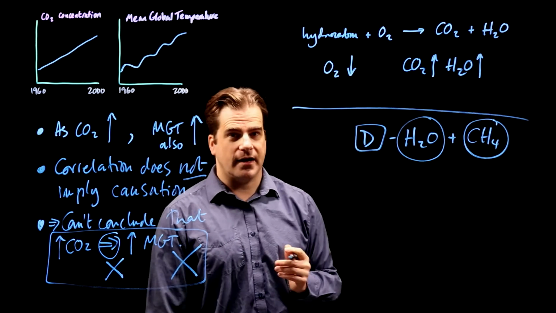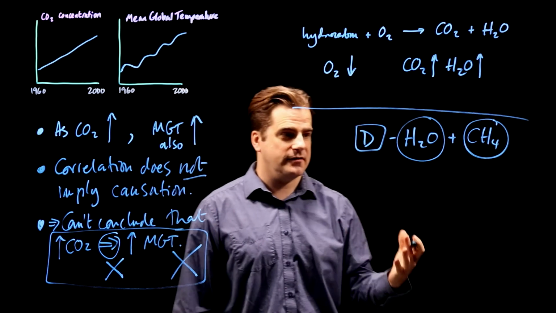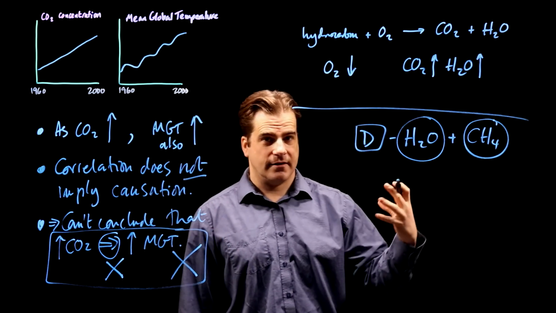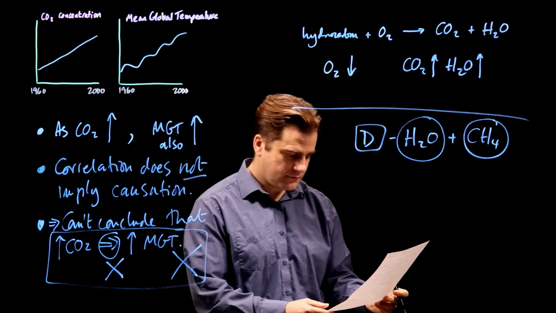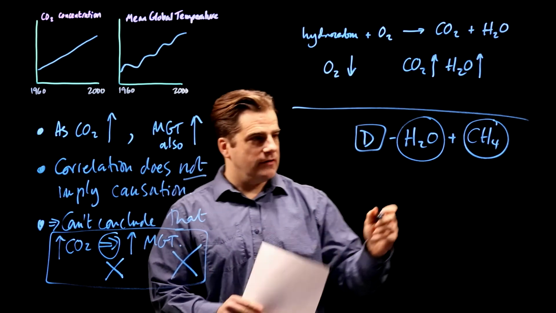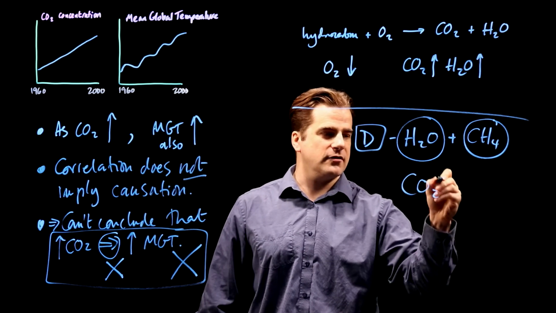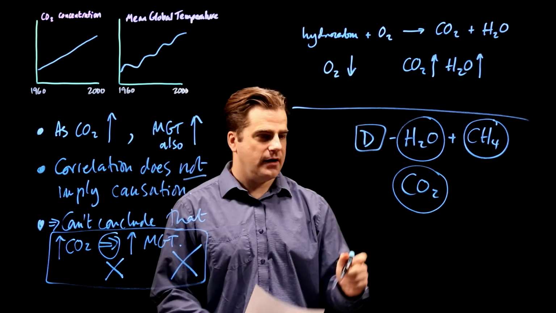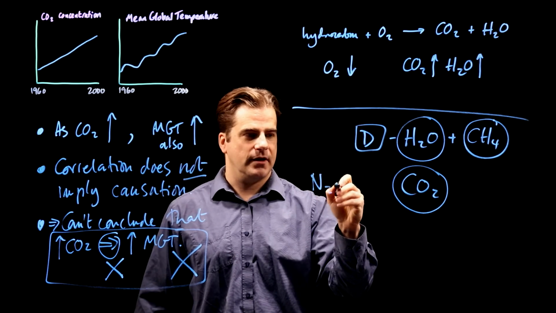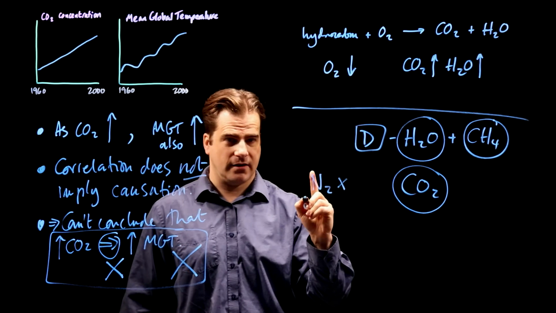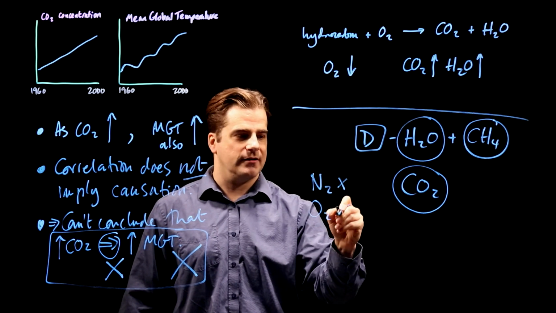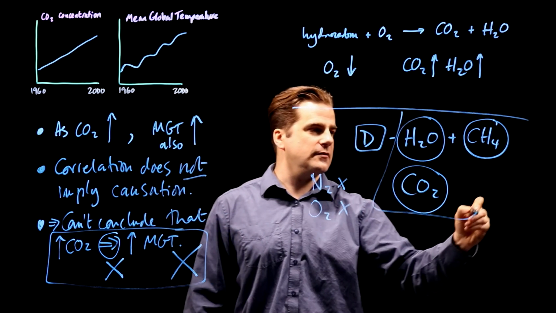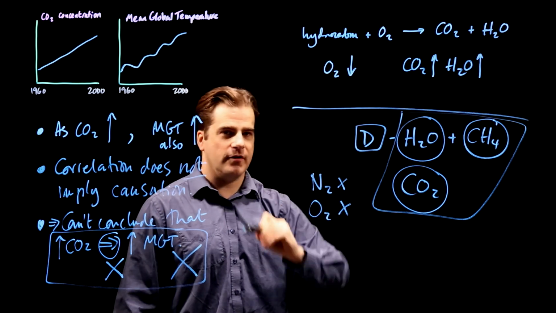Water, believe it or not, is a greenhouse gas. The water vapor in the atmosphere does absorb heat and keep it in the Earth's atmosphere. CO2 is a greenhouse gas. Okay, nitrogen is not a greenhouse gas, and oxygen is not a greenhouse gas. Okay, it's those. So learn them now.